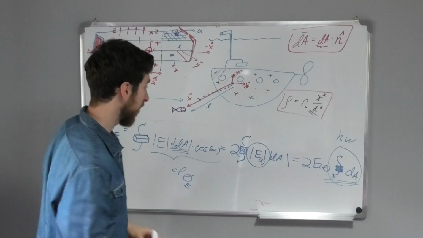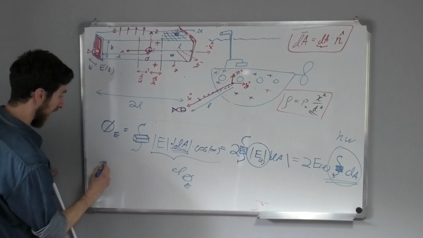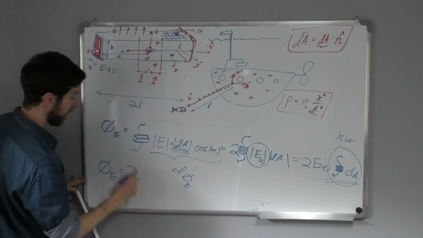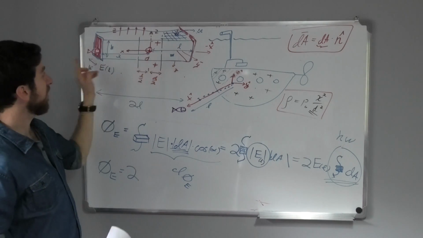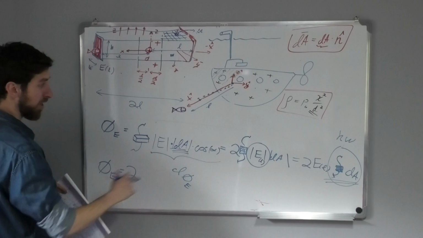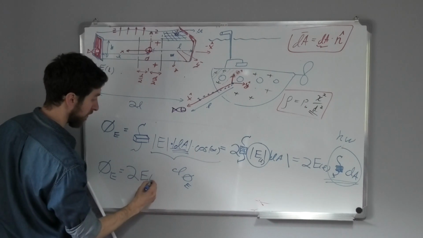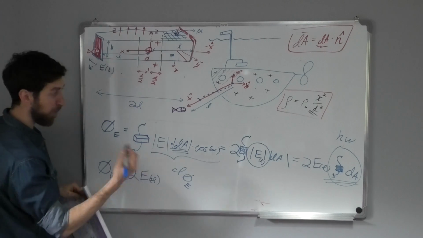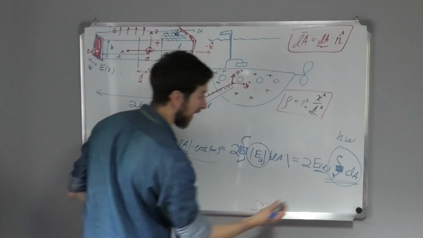That's what's going to happen. So we got the flux equal to 2 times E of L. The 2 comes because I have this on two sides. And this is L plus or minus, right? For both sides it's the same magnitude.